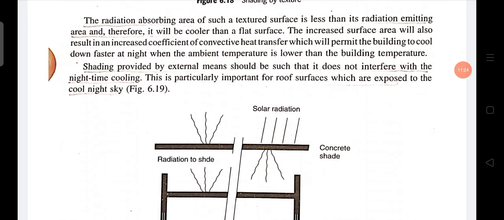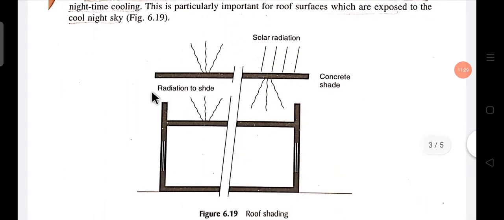Another way of shading is by using a concrete roof, or any shading, above our building roof. If we use a concrete shade above our building roof, then what happens?